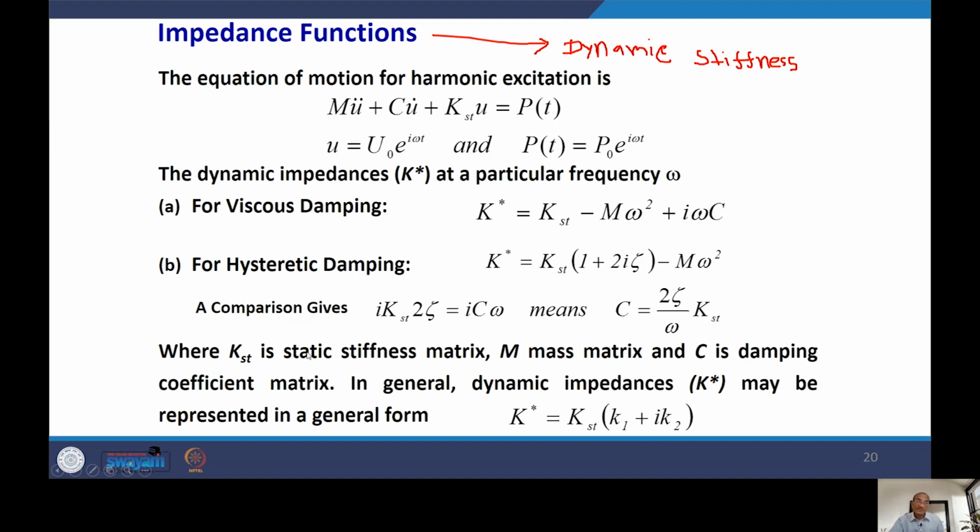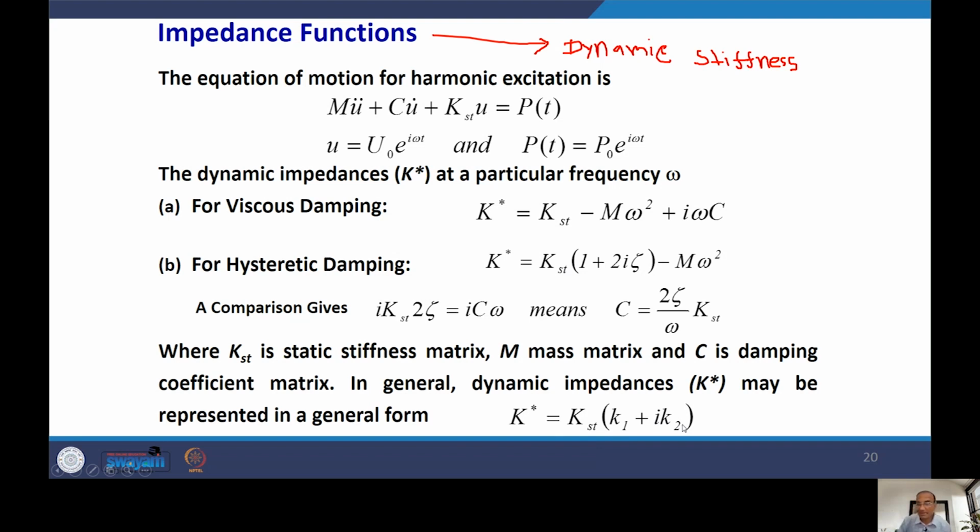Now coming to this dynamic stiffness or complex impedance function, this dynamic impedance may be represented in a general form in two parts: K star equal to K_st multiplied by (k1 plus i k2), where K_st is the static stiffness, k1 is the real part of the stiffness, and k2 is multiplied by the imaginary part.